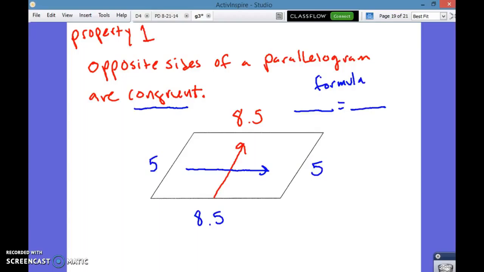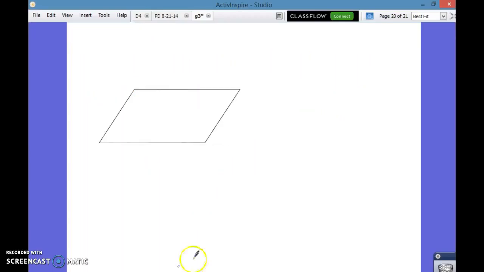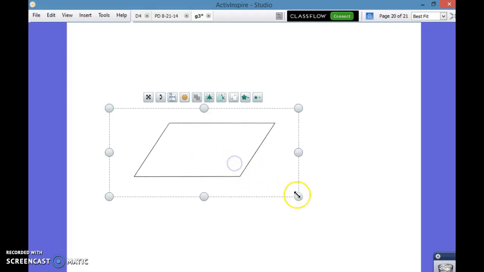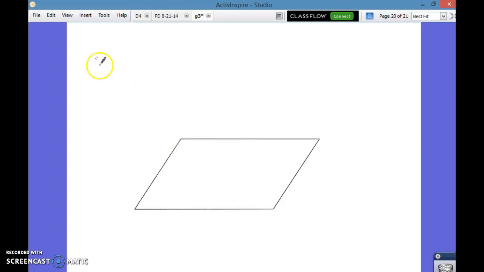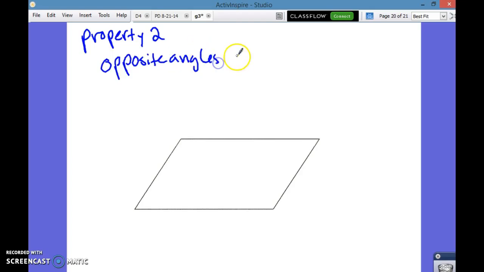Let's look at property number 2, which is very similar. Property number 2 deals with the angles in a parallelogram. Property 2 says in a parallelogram, opposite angles are congruent.